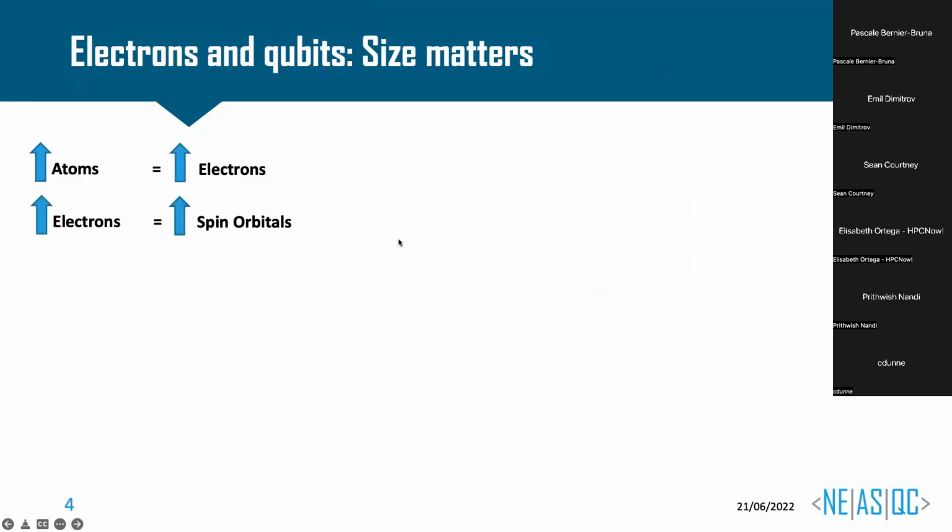If you have more electrons, then you have more spin orbitals, an orbital occupied by one electron. This is related in quantum computing to the qubits. The more spin orbitals you have, the more qubits you need. This is very important because currently most of the molecules that you can face are simply intractable.